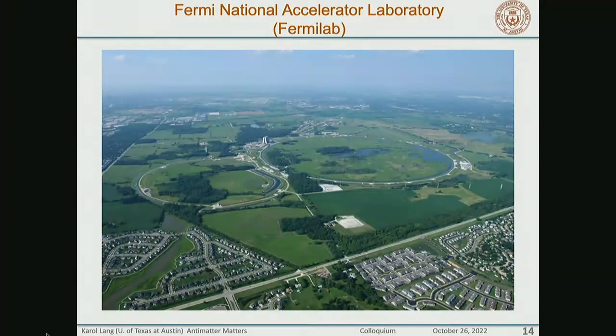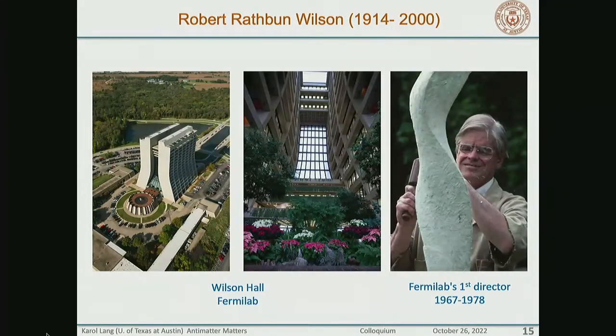This is when you fly to O'Hare, about 10-15 minutes before you land. This is on the left-hand side of the plane. Very often you would see more or less this view. This is Fermilab, the main ring again, and the main injector, and this building. This building is called the high-rise. This is where we spend a lot of time when we have discussions, seminars, and all of that.